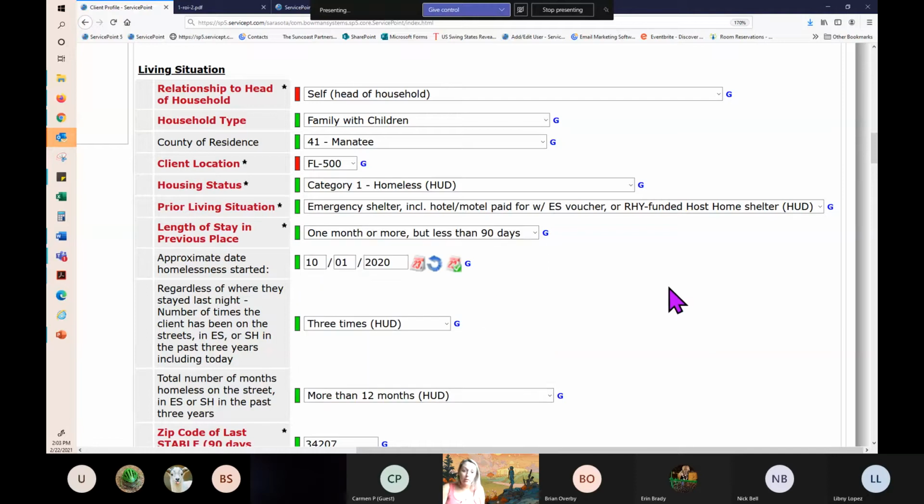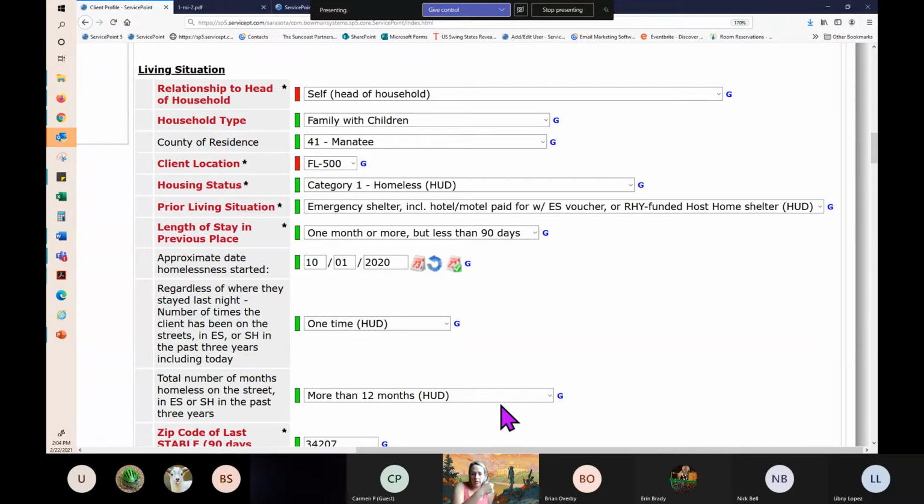So if there is any information entered for a client's record that doesn't make sense, we flag it. For example, this isn't consistent information because we're looking at a client's story that says they're coming from an emergency shelter, they've been there for less than 90 days, a couple months, and their homelessness started in October, but their total number of months homeless is more than 12. Well, that just doesn't make sense, right?